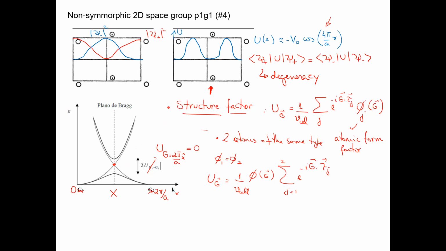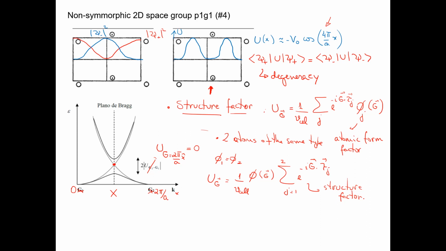I mean, the two bands are going to stick together here and at this point, and the degeneracy is not going to be broken. Okay? So the book calls this structure factor. Even though the term structure factor has a different meaning in X-ray crystallography, these are very similar concepts.